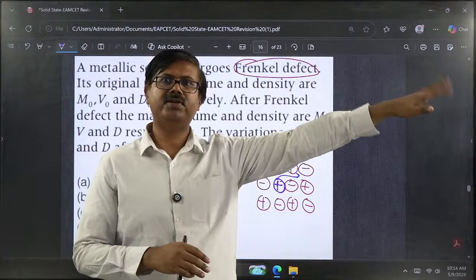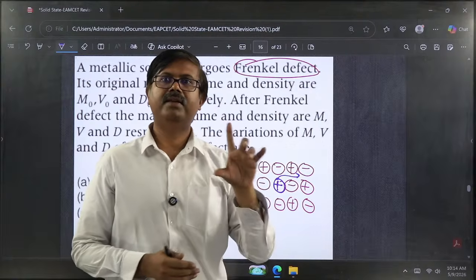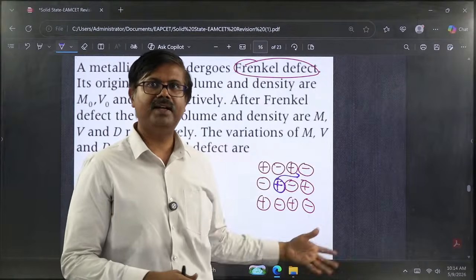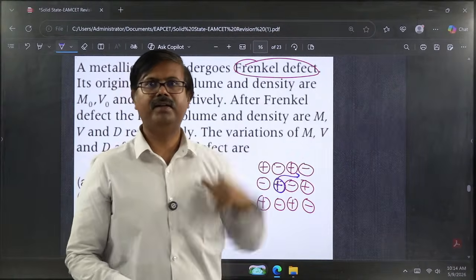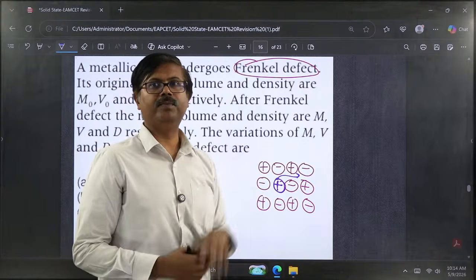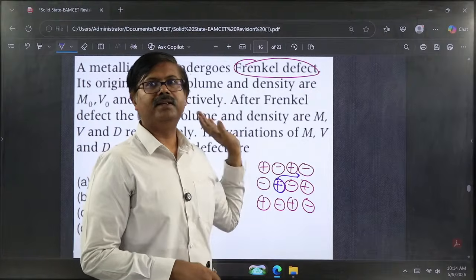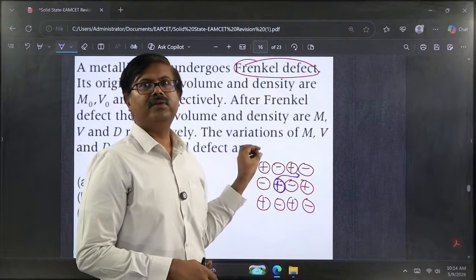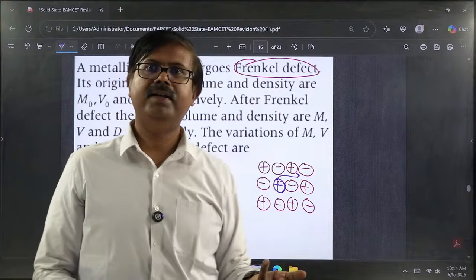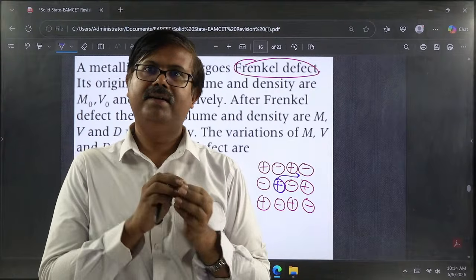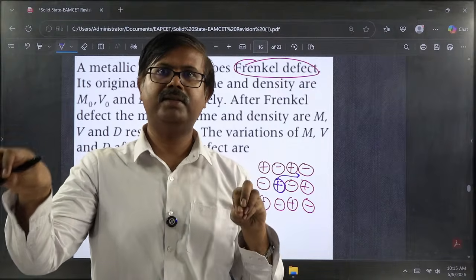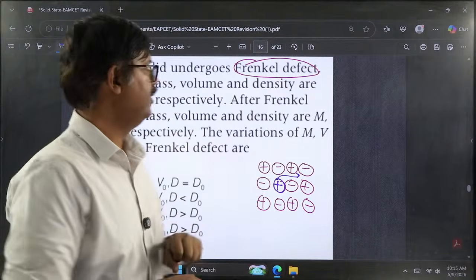It is in the lattice only, but far away from home. And Schottky defect means no way home, it is completely missing from the lattice. If ions are missing in the lattice, that is Schottky. If ions go somewhere else and sit there instead of their original position, that is Frenkel defect.